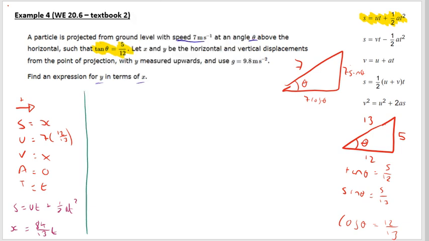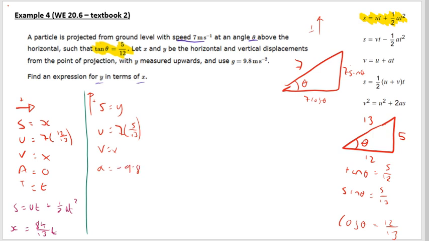If I do the same vertically, S is going to be the Y, U is going to be U sine theta, so 7 times 5/13. V again, not interested. A, we're going to generally take upwards as positive because it's projected upwards, so that's negative 9.8.